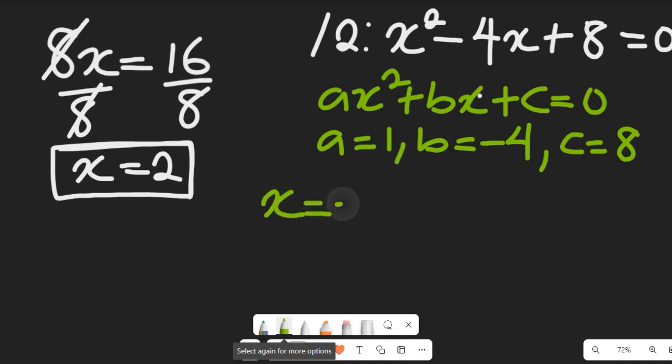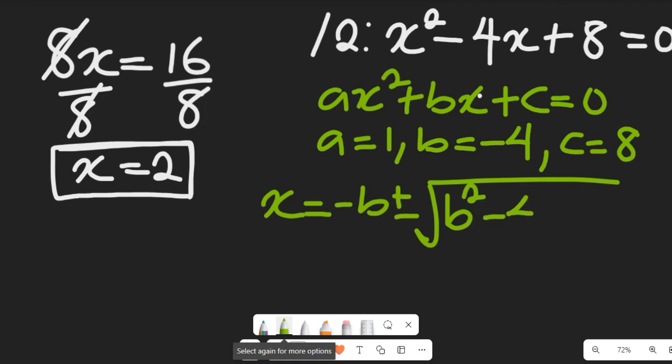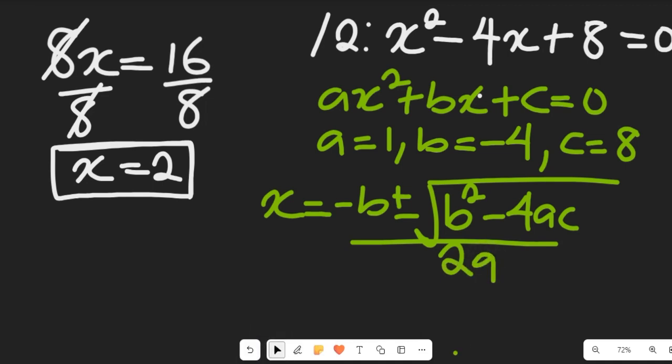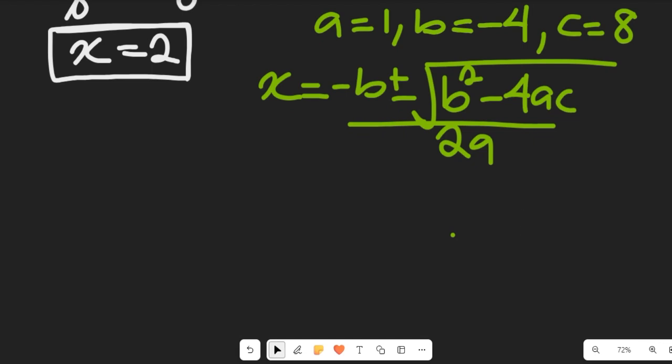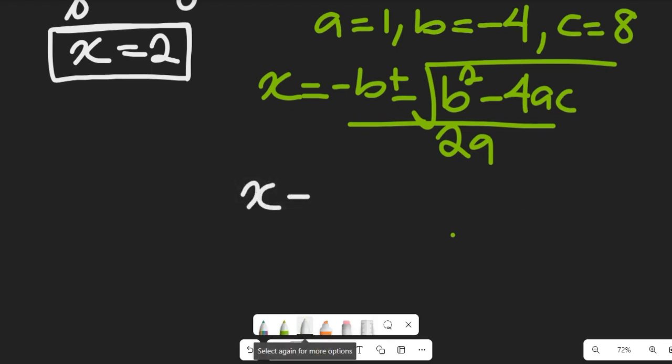Now, if we simplify that by substituting this into the quadratic formula, the value of our x will be equal to negative b plus or minus the square root of b squared minus 4ac, divided by 2a. So, substituting the values of a, b, and c, we're going to have the value of our x equal to negative multiplied by negative 4, right?